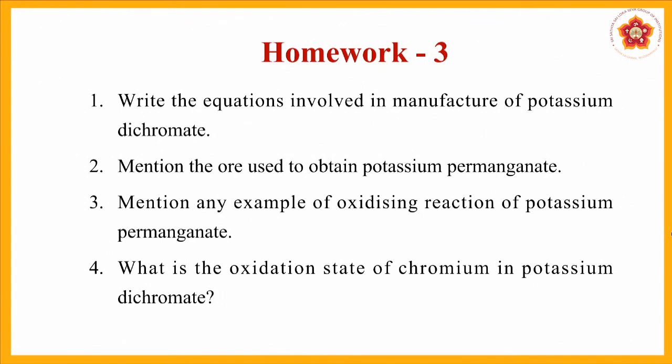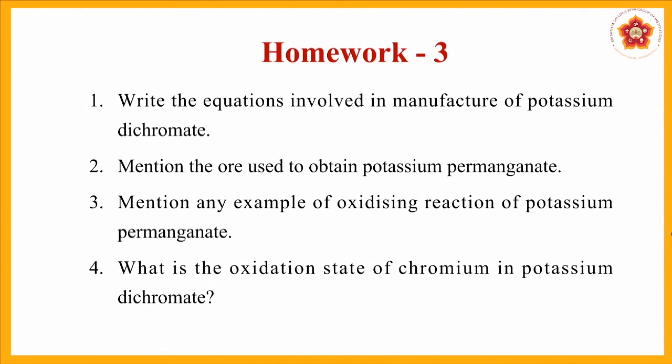We have already discussed the ores that were used for potassium dichromate as well as potassium permanganate. Mention any example of an oxidizing reaction of potassium permanganate. Since I have not specified whether it is acidic medium or basic medium, you can give any example of your choice. And finally, what is the oxidation state of chromium in potassium dichromate?